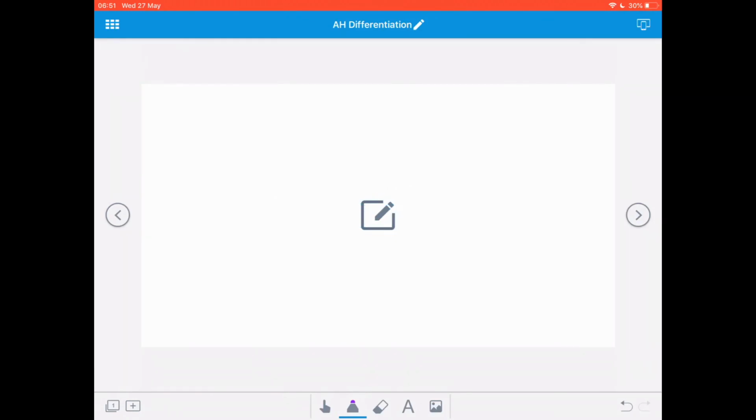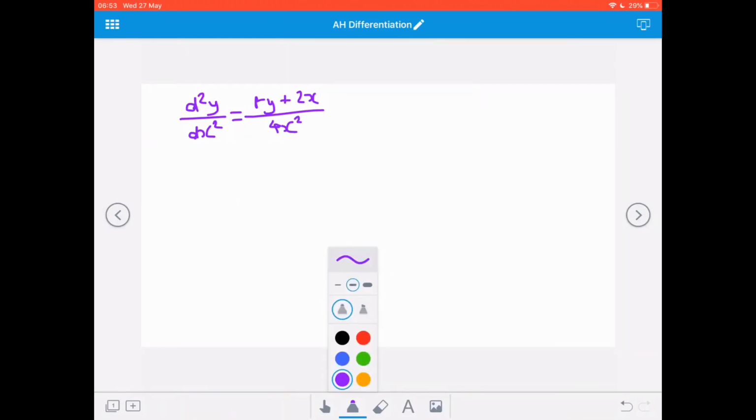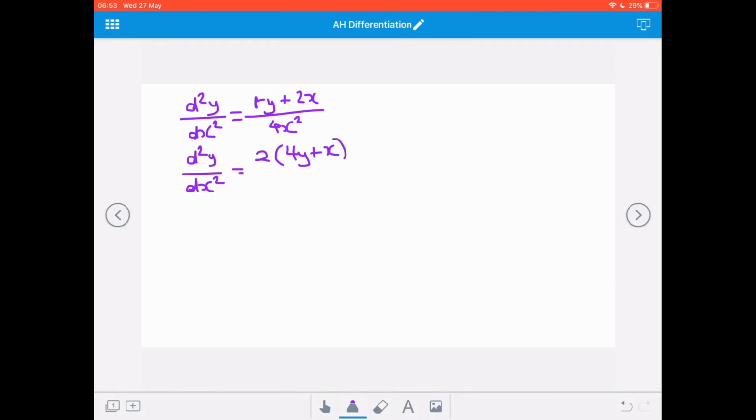Now I want to take out a common factor. So from the previous slide I had d2y by dx squared equaled 8y plus 2x all over 4x squared. So I want to take out a common factor of 2 on the numerator. So I'm going to have d2y over dx squared equals 2 upon 4y plus x all over 4x squared.